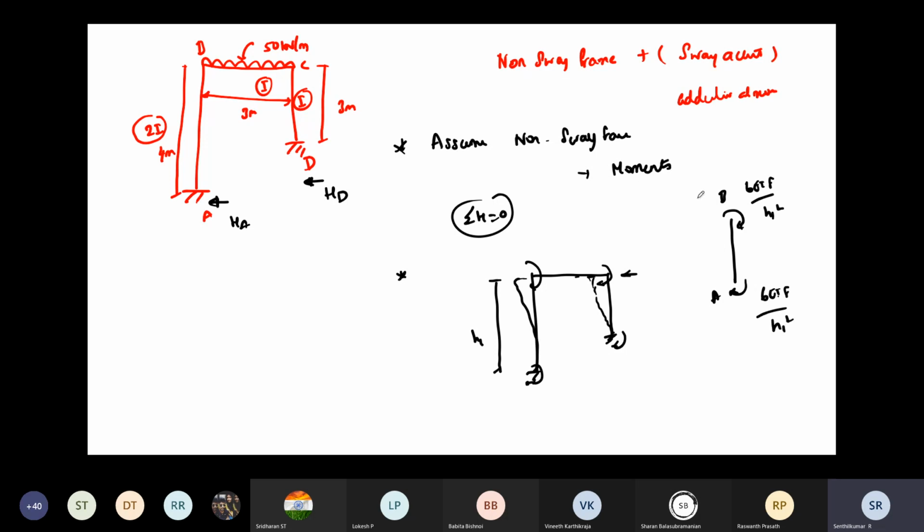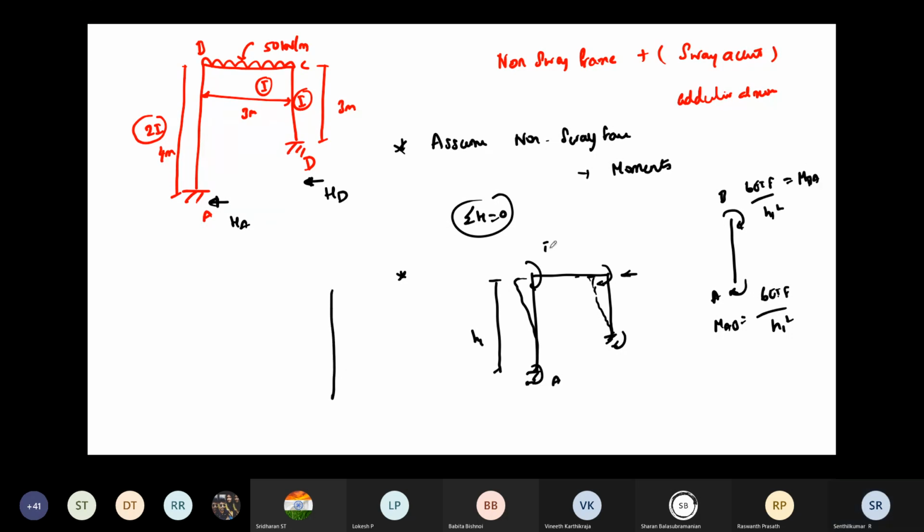So what about the horizontal reactions HA and HB? How will you find them? HA into H1 will be equal to the sum of the moments MAB plus MBA divided by H1, like we have done. This moment is MAB, this is MBA. Again, same thing for CD.